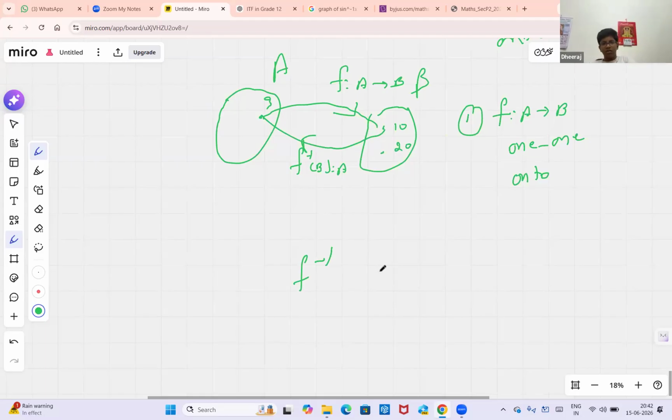It exists. Think a little. So what is the function? Function is, it should be 1, 1 and onto, right?